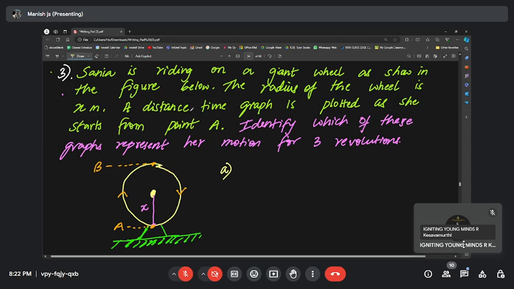Okay, first option. Distance-time graphs is what they have given.